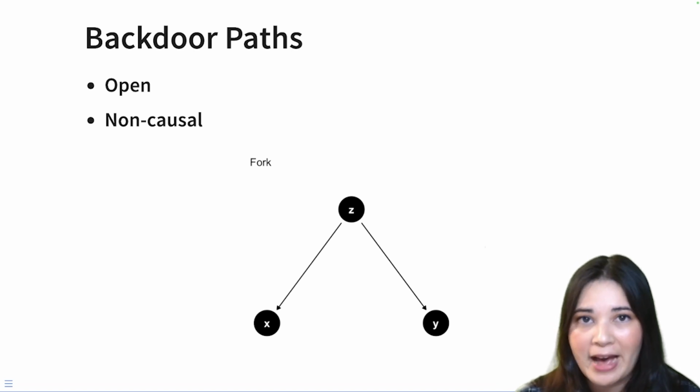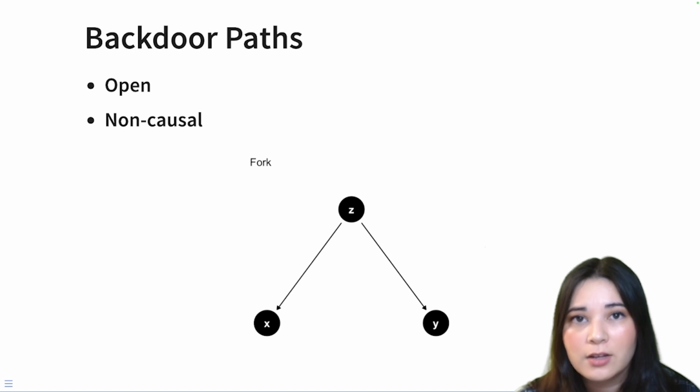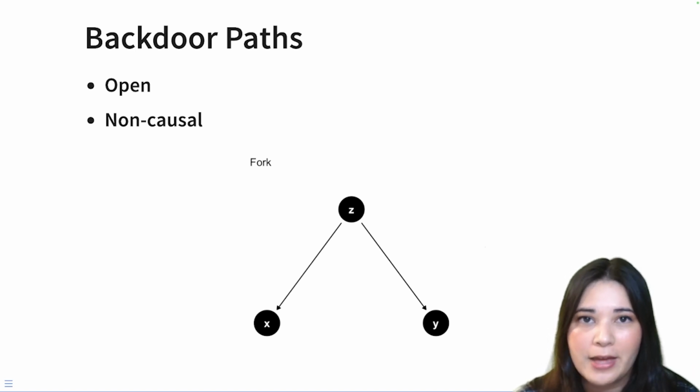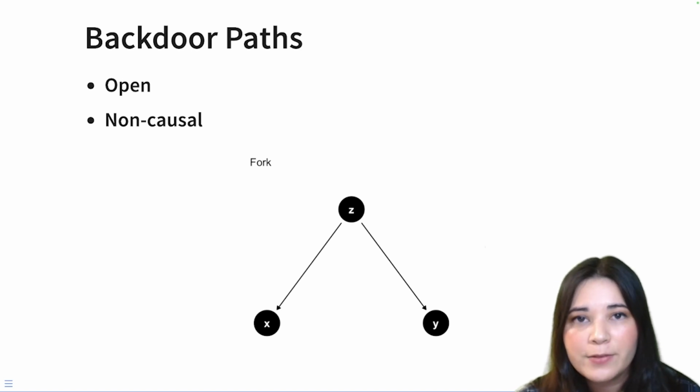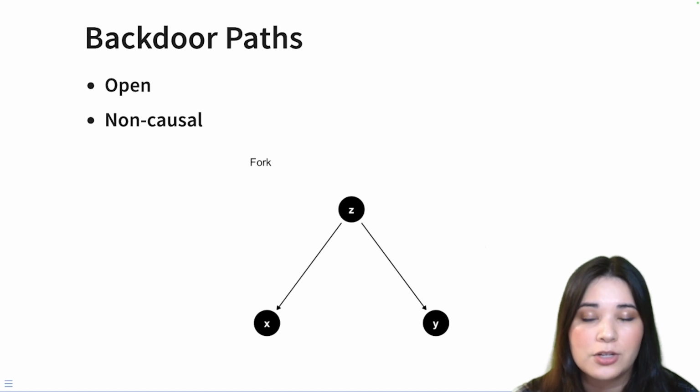Another important term is something called a backdoor path. A backdoor path in a DAG is a path that is open, but is not causal. In other words, it's a path through our DAG that might cause associations between X and Y, even though there is no causal reason for that association to exist.